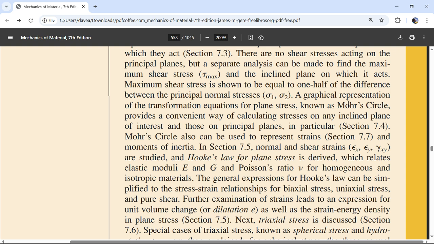It basically shows all those stresses. I think we have one equation for the normal stress in the x, the normal stress in the y, and then the shear stress. So we'll have 3 equations, and those can be represented as Mohr's circle.